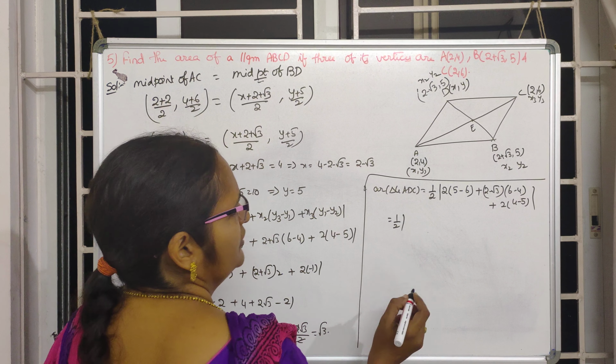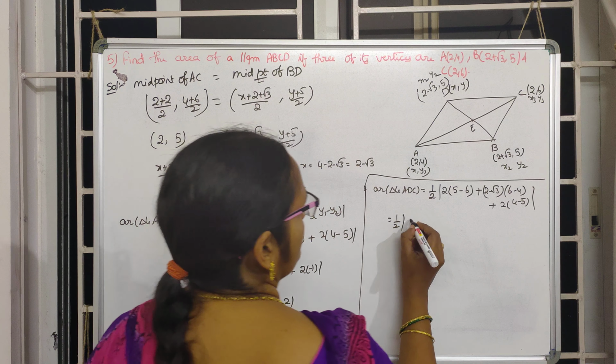Half absolute of 2 into minus 1 plus (2 minus root 3) into 2 plus 2 into minus 1.